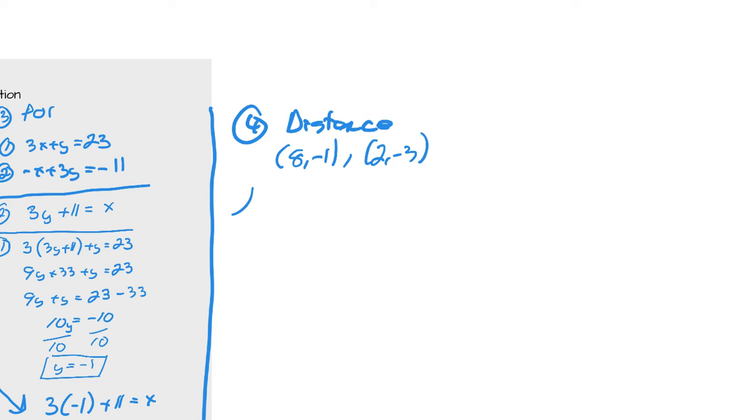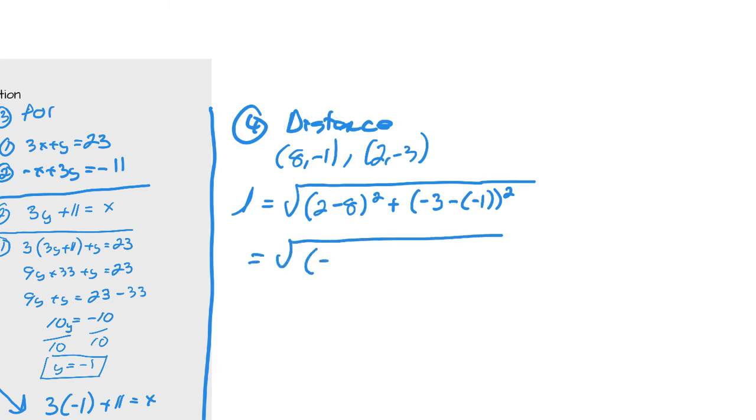Now we plug those into our length formula, which is the change of x, so 2 minus 8, all squared, plus the change of y, negative 3 minus negative 1, bracket squared.